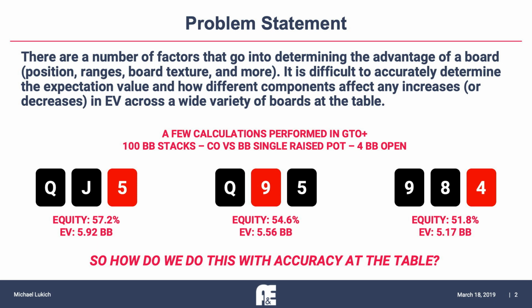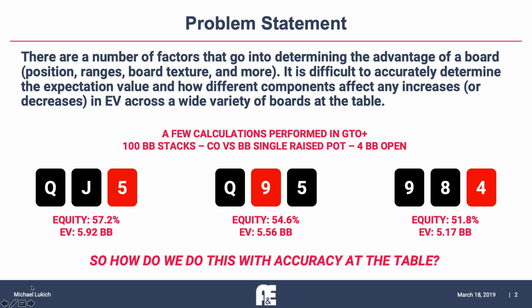Just to show this, I have 3 different boards here, and these are all two-tone boards, somewhat connected. Again, it's the same scenario that we're walking through with this analysis, where we have 100 big blind stacks, a cutoff versus big blind single raised pot with a 4 big blind open.